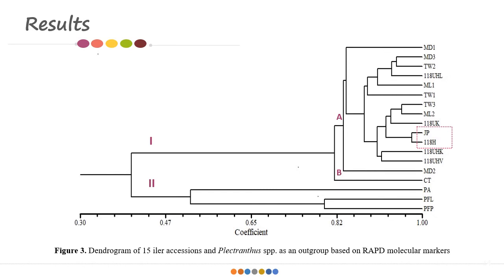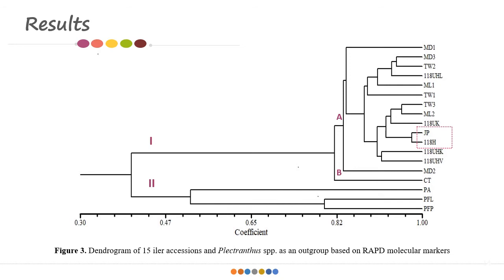The dendrogram showed two major cluster groups that separated Iler accessions and its outgroup with a similarity index of 40.45%. The similarity index among accessions ranged from 82 to 97.87%, indicating low genetic diversity of Plectranthus scutellarioides.